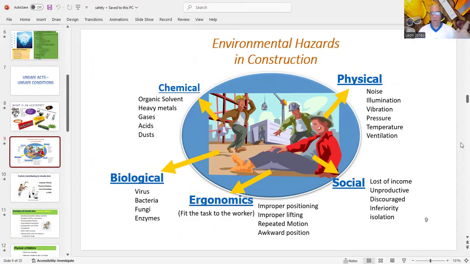Now, when we deal with ergonomics, we might not think of this, but ergonomics basically fits the task to the worker. So where you could get an injury or a pulled muscle is coming from improper positioning, improper lifting, repeated motion, awkward position. Now, you have your physical hazards: your noise, your illumination, vibration, pressure, temperature, ventilation.